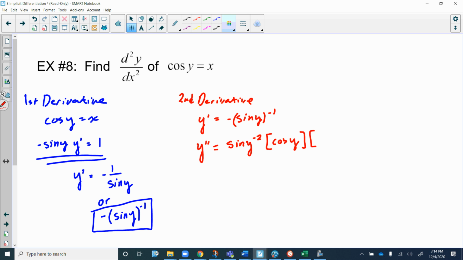I took the derivative of the whole thing, sine y to the negative 2 power, but I didn't do the derivative of the inside part. The derivative of the inside will be cosine of y, but it has to get multiplied by itself, negative sine y to the negative 1 power. And that's where things are starting to get a little wonky here.